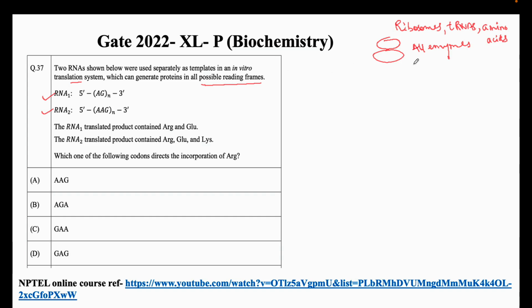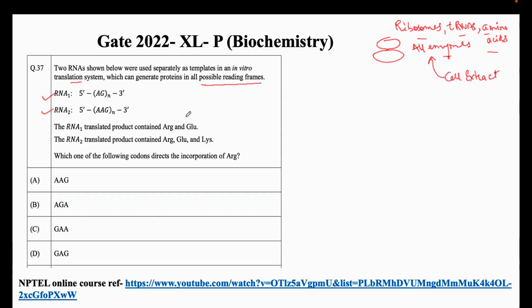The system could be synthetic, where we put all these things in a test tube and do the translation, or we can directly use a cell extract, from an animal or plant source, which will contain all these essential requirements.